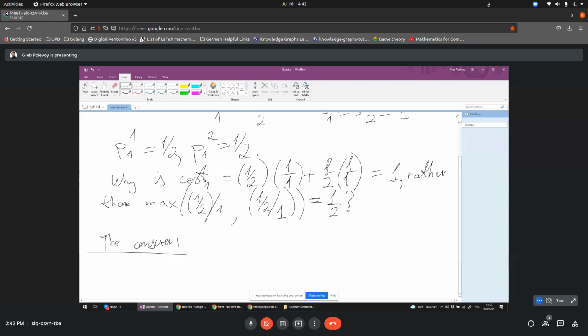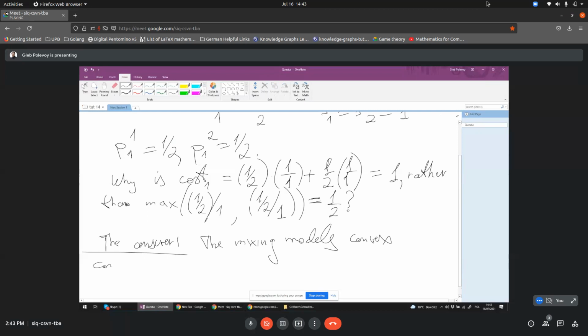But anyway, the answer is, the mixing models again a convex combination, so a combination of non-negative factors, the sum of which is equal to 1.